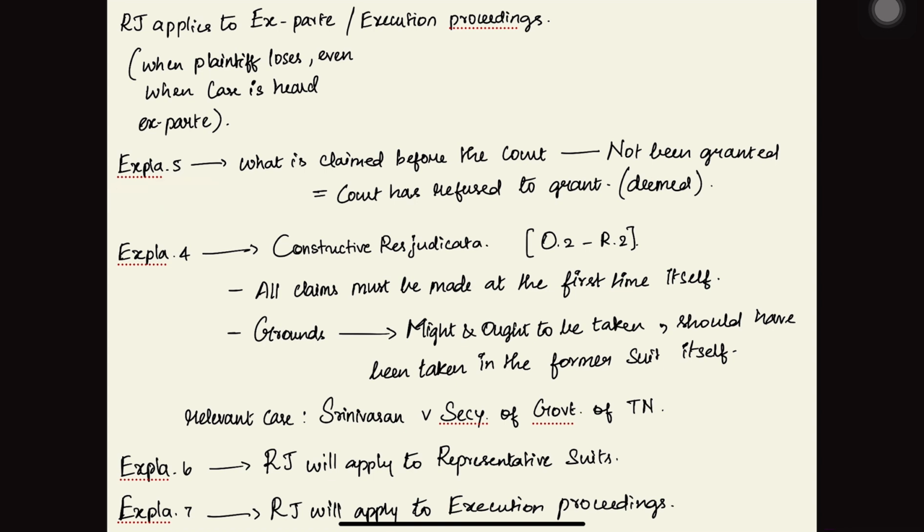As per Explanation 5, if any claim put forth before the court was not granted, it can be construed as a refusal to grant, right? It can be deemed that the court has rejected such claims.